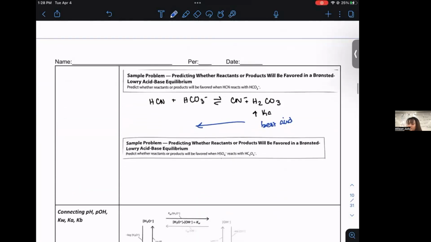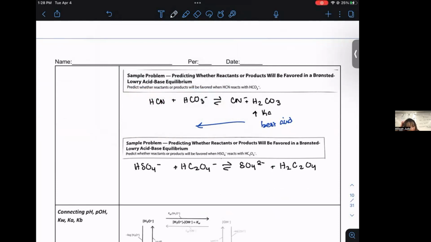So the next one is HSO4 minus and HC2O4 minus, in equilibrium with their conjugates SO4 2 minus and H2C2O4.